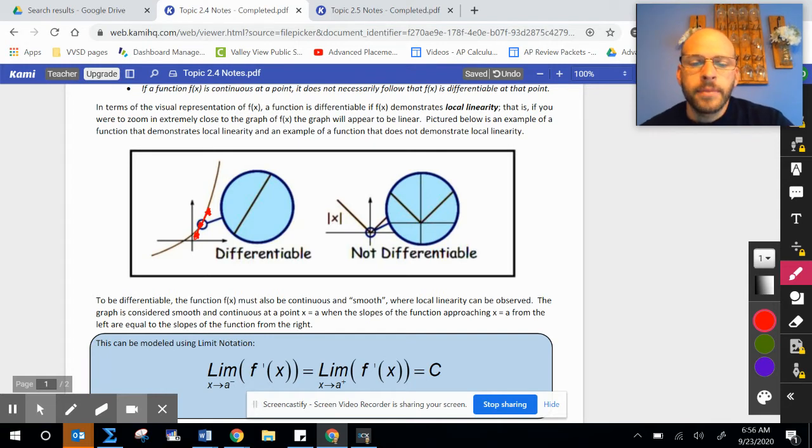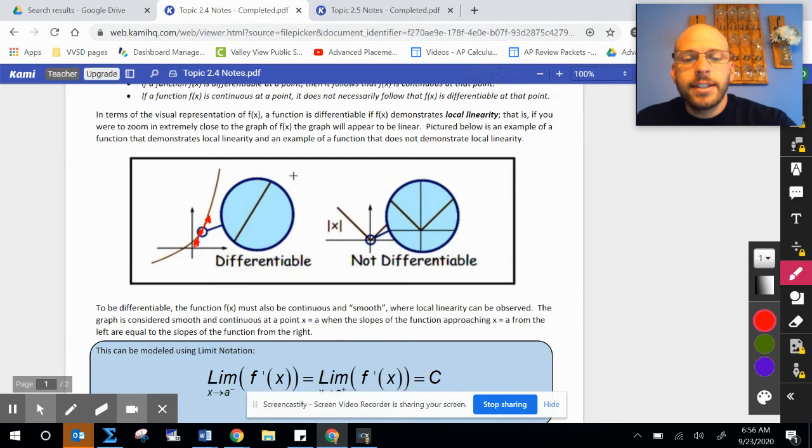Okay. Now, the absolute value of x that's right next to it has this little corner here. Okay, it has this sharp turn. It's not a smooth curve, and because of that, no matter how many times you zoom in, it will never appear to be linear, and therefore it does not have local linearity.